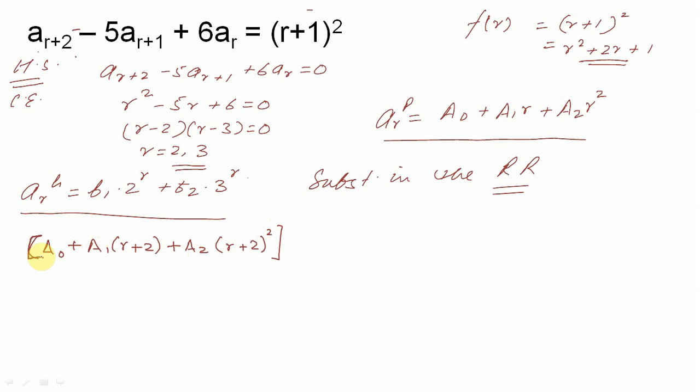Let's use two different types of brackets over here. So this is what I get when I substitute this in the recurrence relation for the term a(r+2).